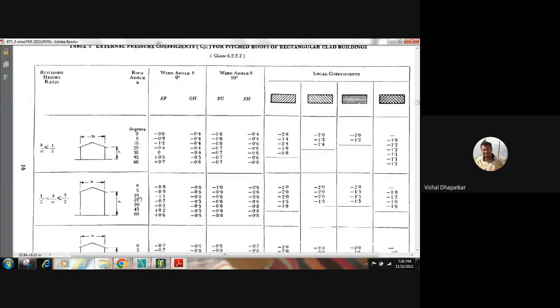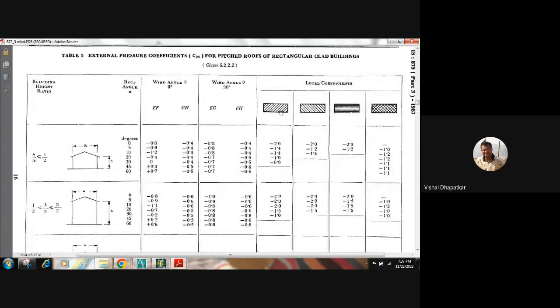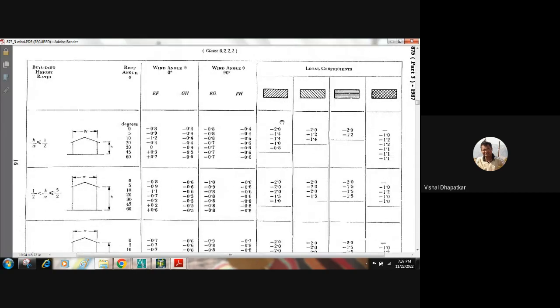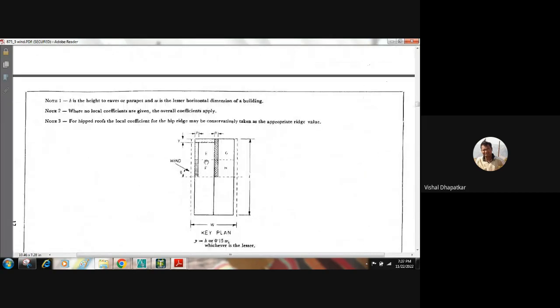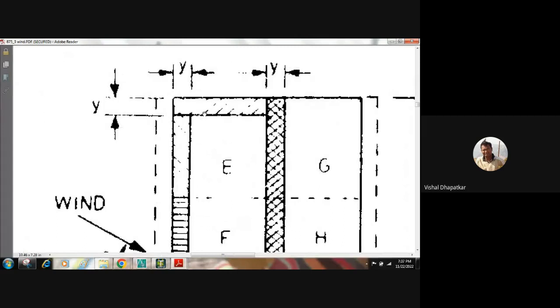Once we calculate the force coefficients for 14 degrees by interpolating between 10 and 20, similarly we have to calculate the local force coefficient also. Here we can see for 10 to 20 degrees there is no variation, so we can consider 2. This hatch pattern is a 45-degree hatch in the reverse direction, acting somewhere here.